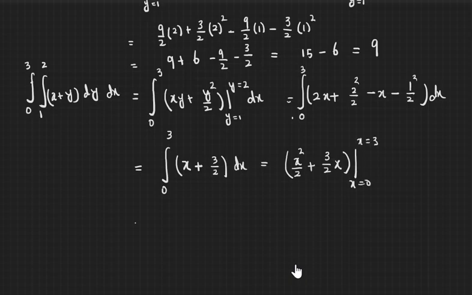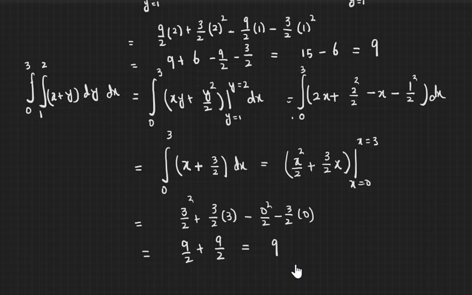Now applying these limits of integration, we will have 3 square divided by 2 plus 3 upon 2 times 3, then minus 0 square divided by 2 plus, that should be minus 3 over 2 times 0, right? So when we simplify this, that would be 9 over 2, this should be 9 over 2, this would be 0. So when we add them, 9 upon 2 plus 9 upon 2, that should be equal to 9.